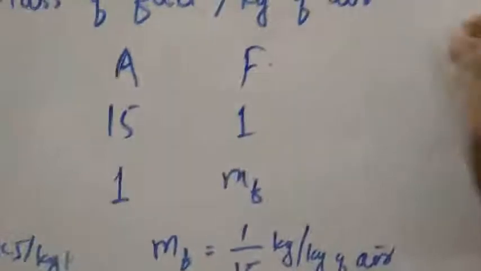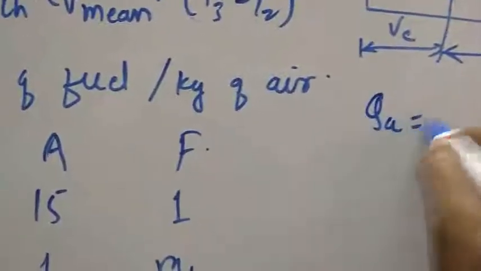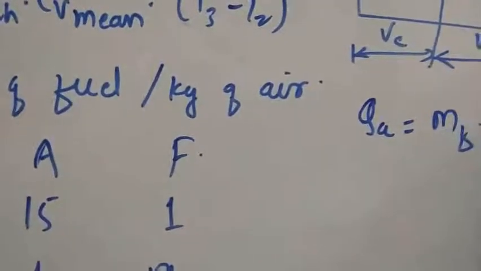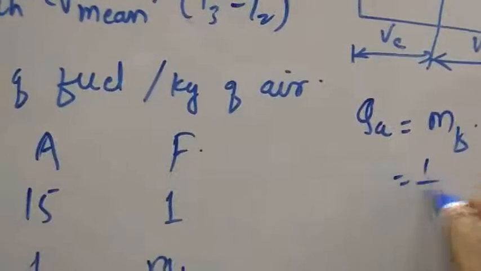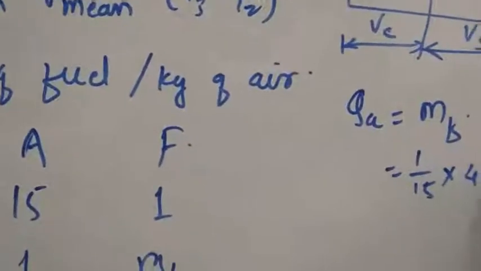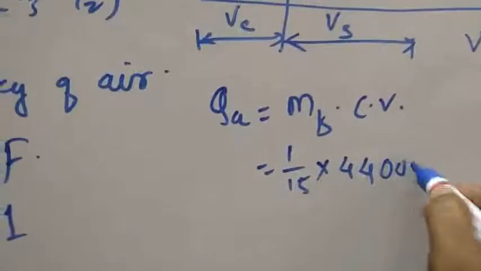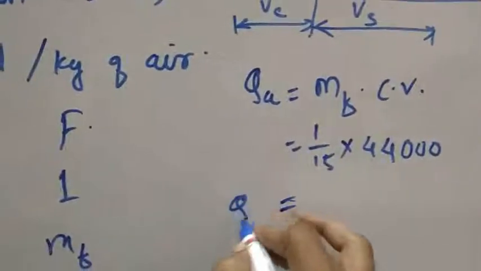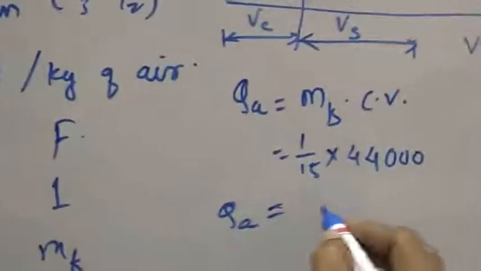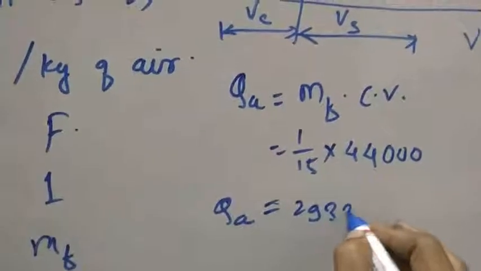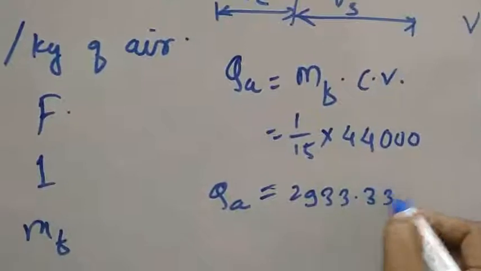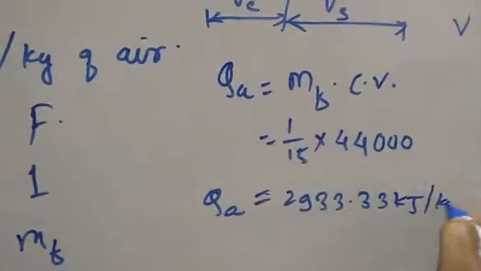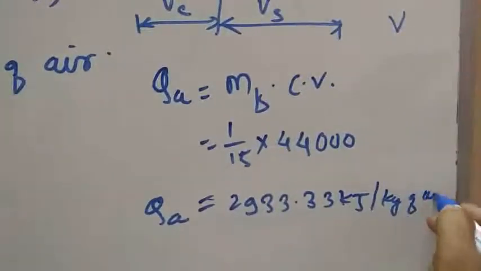We have the CV value, so I can get QA as MF into calorific value, that is 1 by 15 into 44,000. Calculate this; the answer comes to around 2933.33 kilojoule per kg of air.